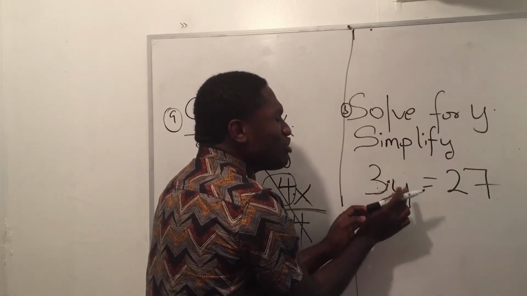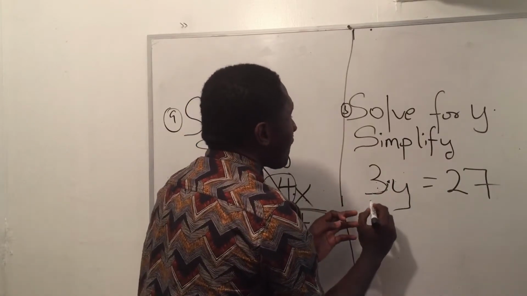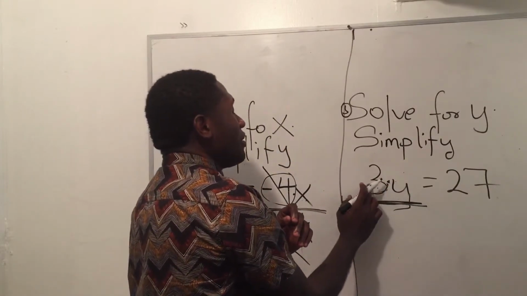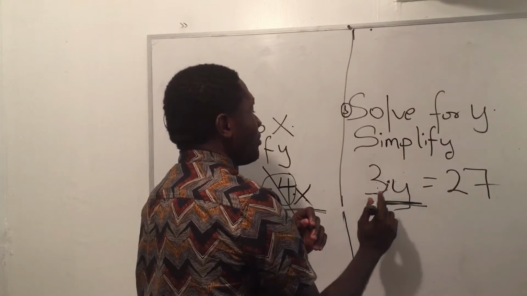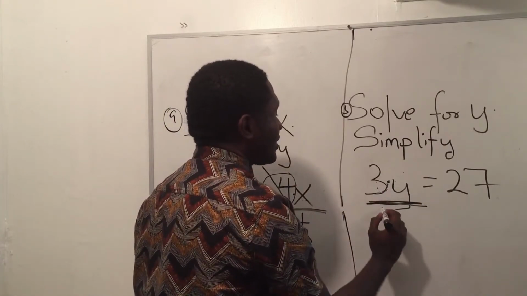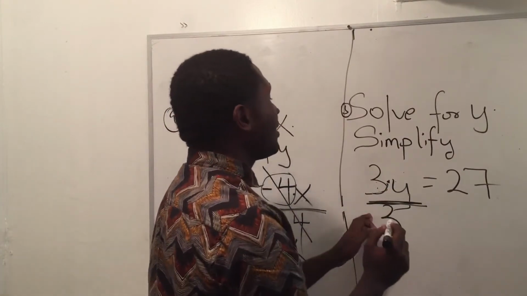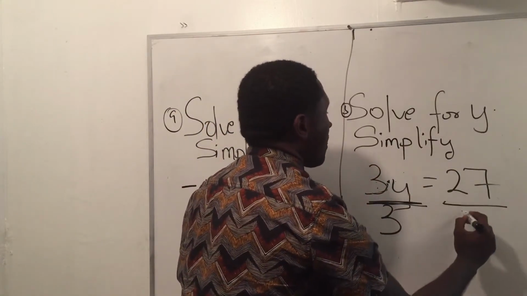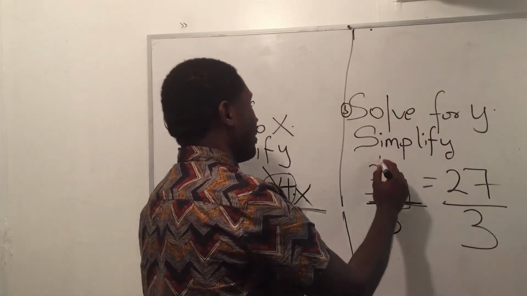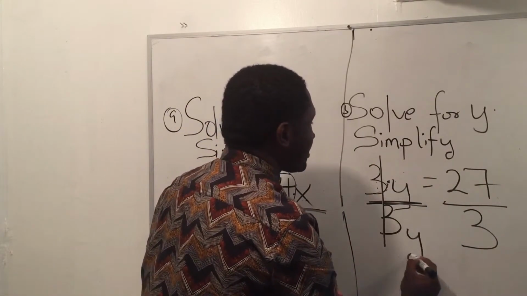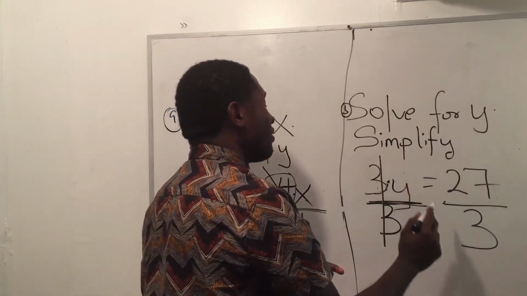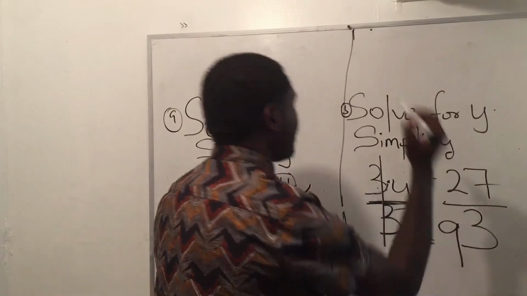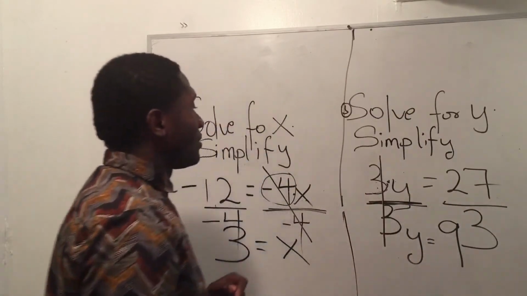And the only way to get a variable by itself, I learned, is to divide by the number close to the variable, which is 3 in this case. And whatever I do on one side, I have to do the same thing on the other side. So I divide that also by 3. Now the 3s cancel out, and I have the y by itself. 27 divided by 3 is 9. And that's it. That wasn't too bad.